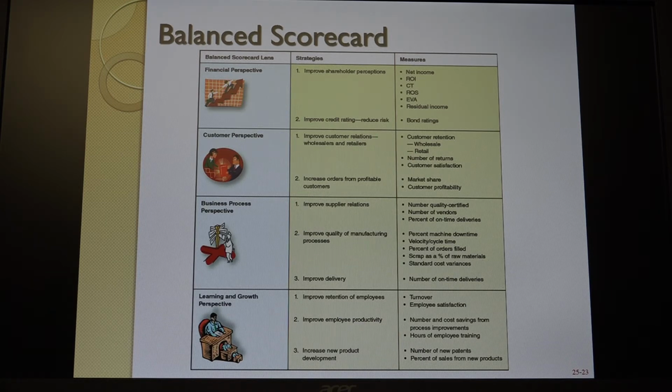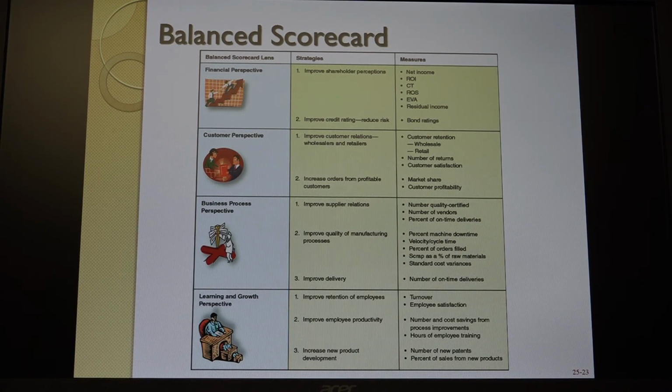Business process perspective. So here you're looking at improving supplier relations, and another squishy strategy. They measure that by determining the number of quality certified suppliers that they have, the number of vendors, things like that.